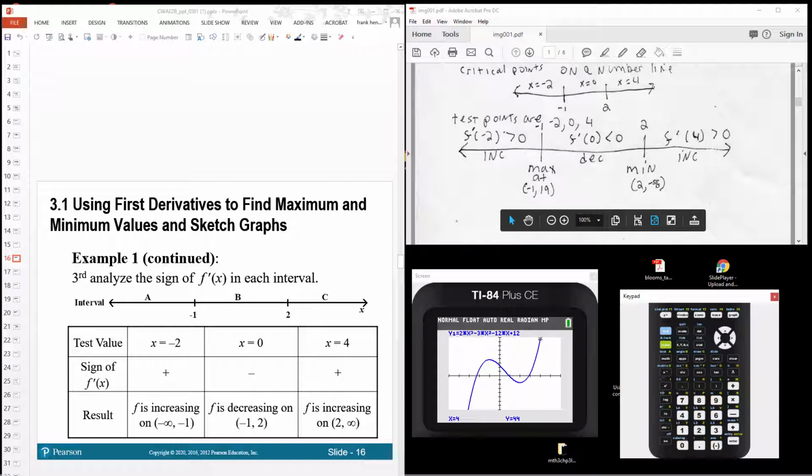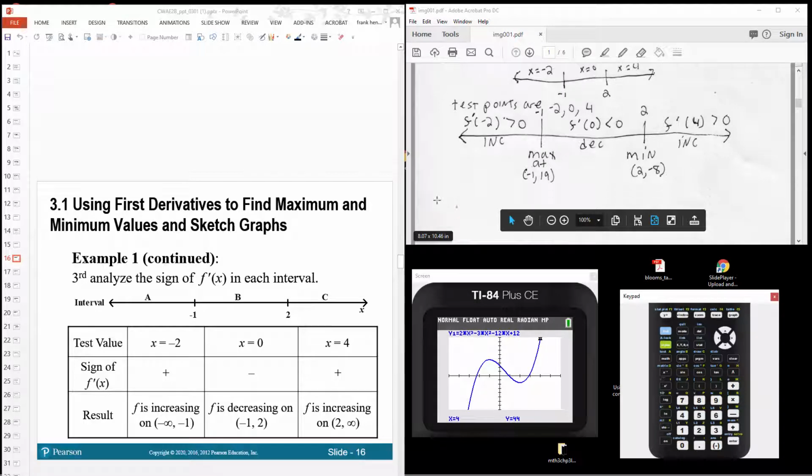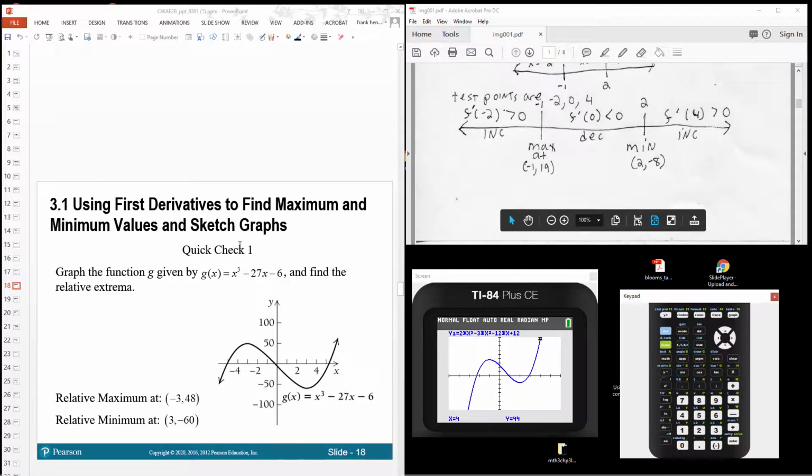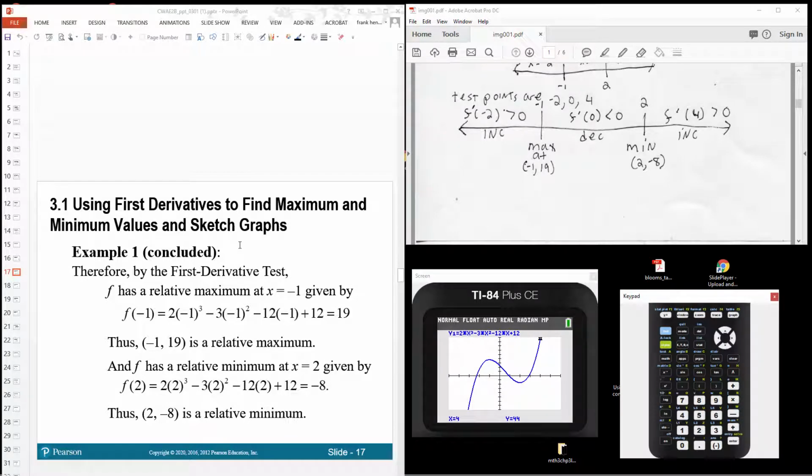So I know where it's increasing and the points where it's decreasing. So I found by the locations of those points where it's a minimum and where it's a maximum.